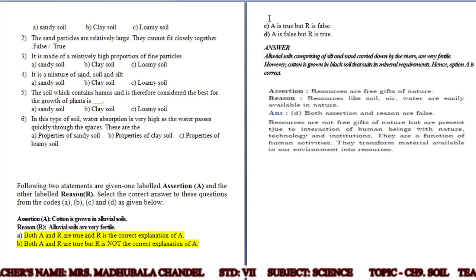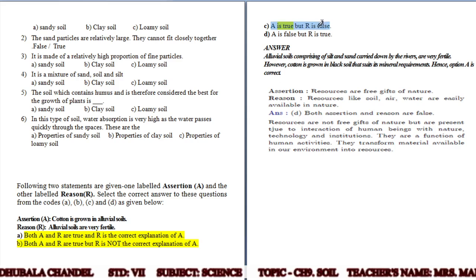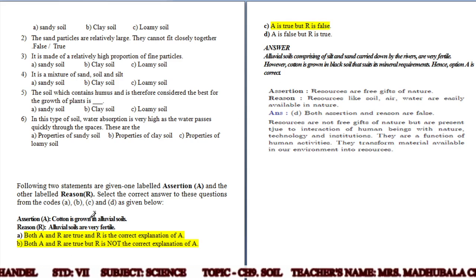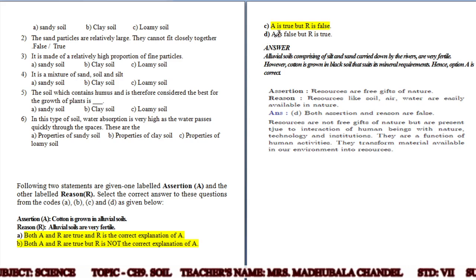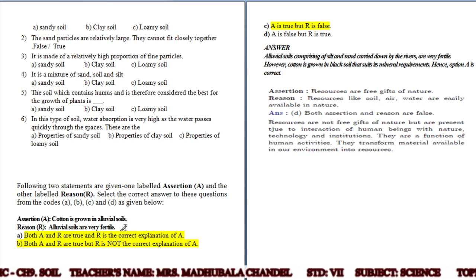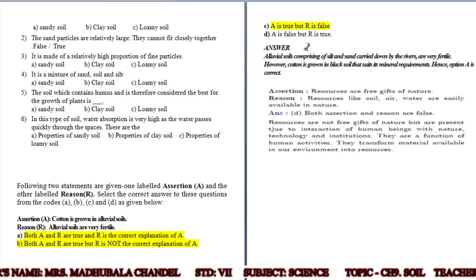The third option is A is true, but R is false. It means one statement is true, but another statement is false. And the D option is that A is false, but R is true. So which you think is correct among A, B, C and D, you have to think.